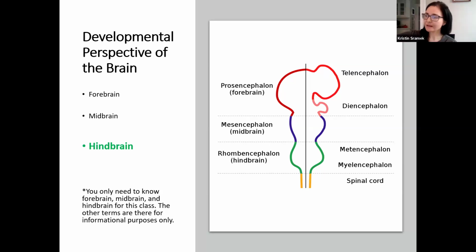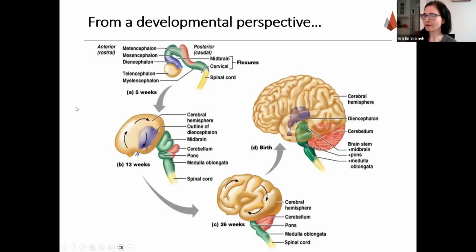But nonetheless, I just wanted to show that to you. So we have the spinal cord, and then we have the hindbrain, which sits atop of that. And then we have the midbrain, which is actually a quite small region of the brain. And then we have the forebrain, which makes up the largest part of the brain. And we'll see that in the next image as well.